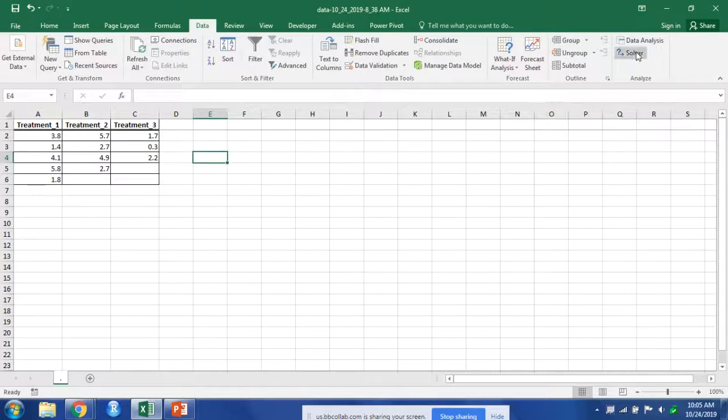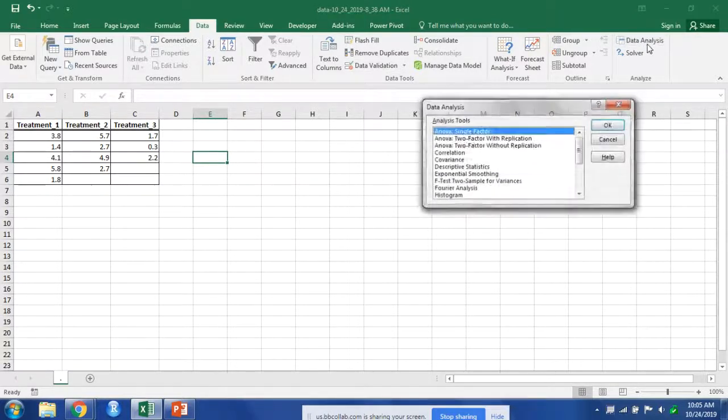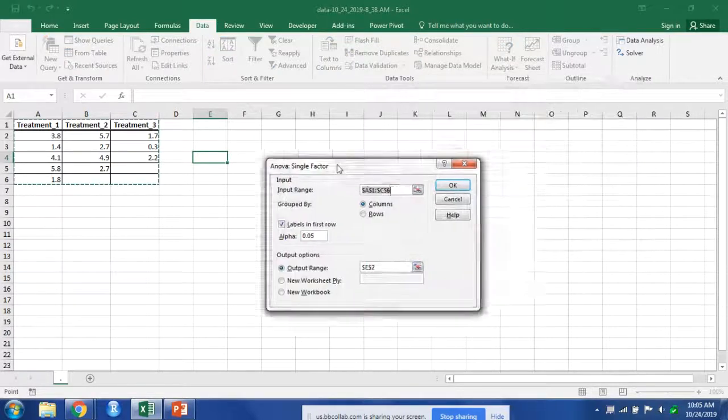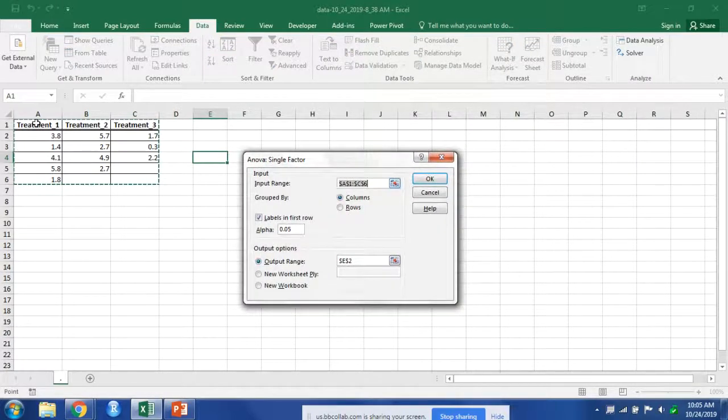So on the data tab, we go to data analysis and we take ANOVA single factor. We highlight our 3 columns of data. We have labels in the first row, and we're interested in an alpha of 0.05.